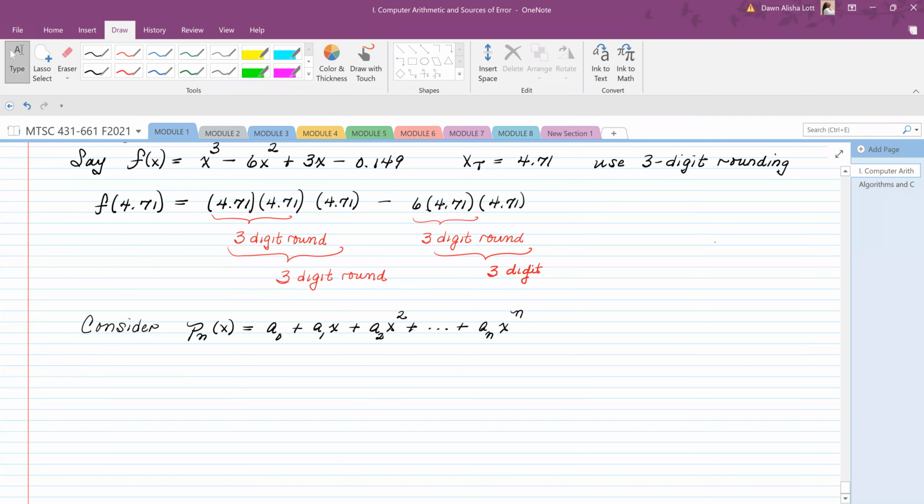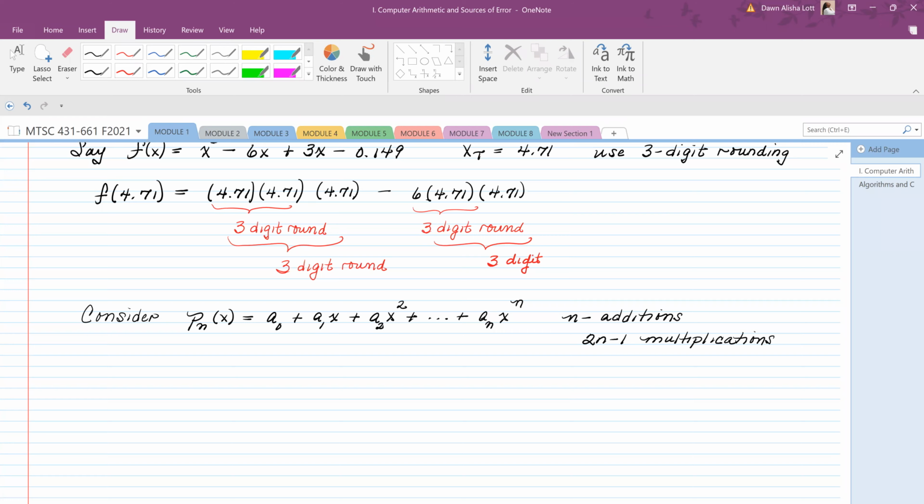So this now has n additions and 2n minus 1 multiplications. Each time I do one of those operations, I have to 3-digit round. Okay? Each time I do that, I 3-digit round.